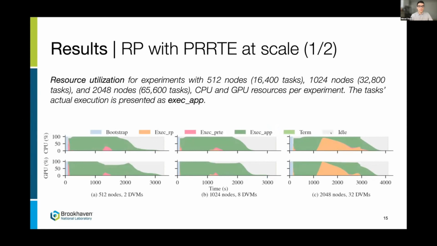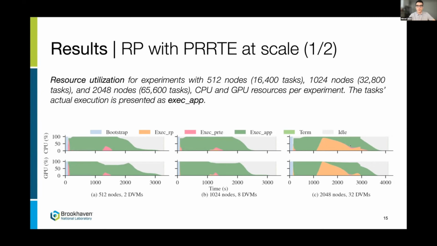Next, this plot shows resource utilization, and we can see here on the third pair of plots, that is about 2,000 nodes experiments, and here is something unexpected that was on the RADICAL-Pilot side, not on the PRRTE PMIx side.